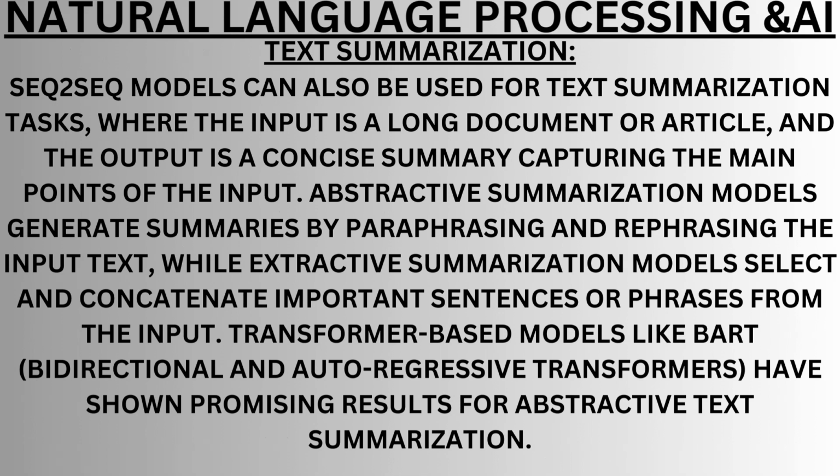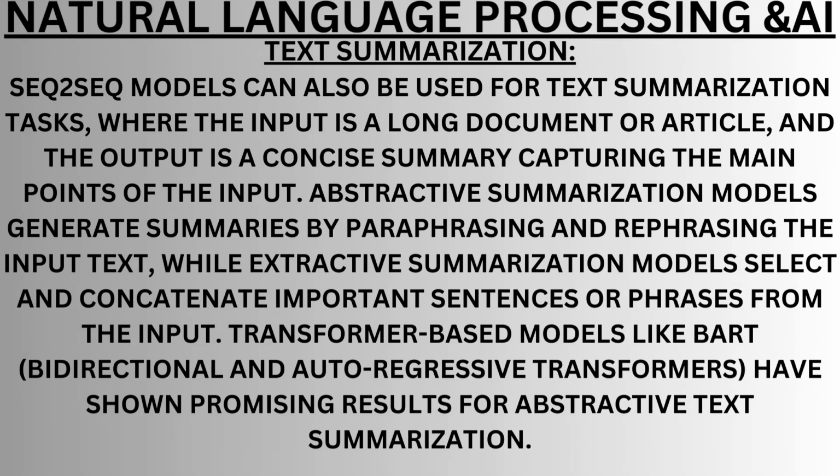Text summarization. Sequence-to-sequence models can also be used for text summarization tasks, where the input is a long document or article and the output is a concise summary capturing the main points of the input.